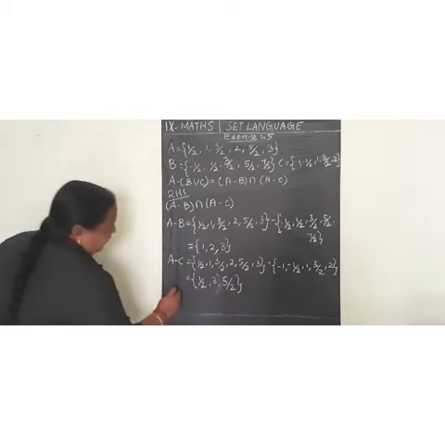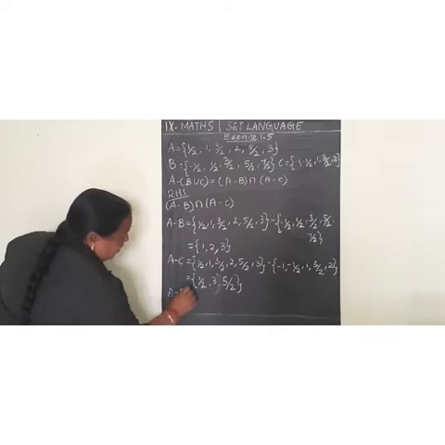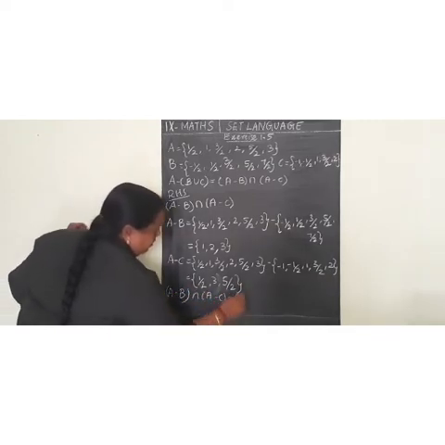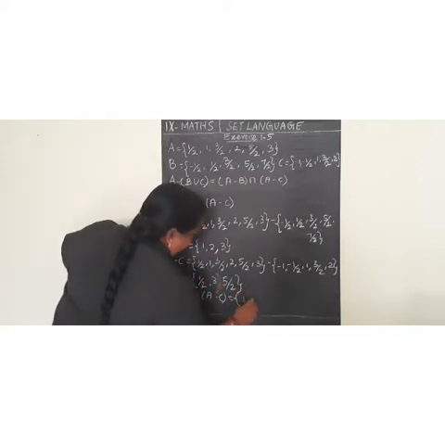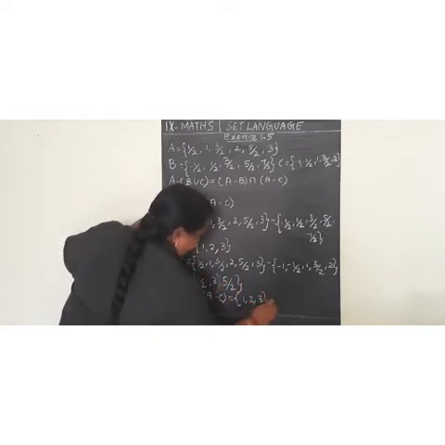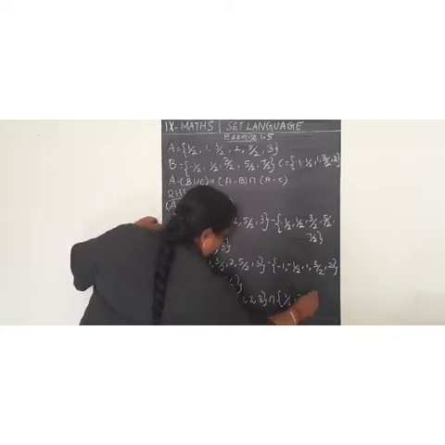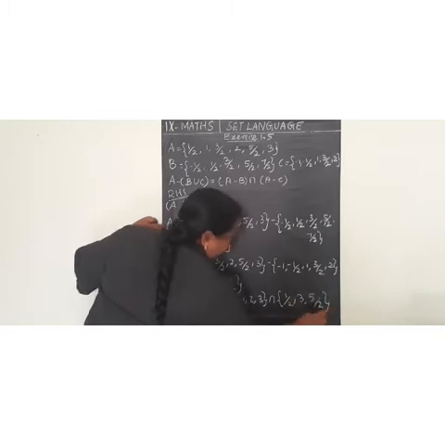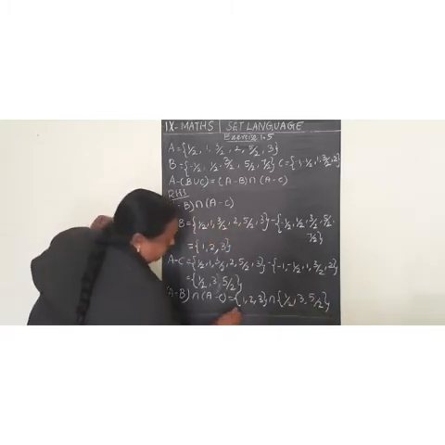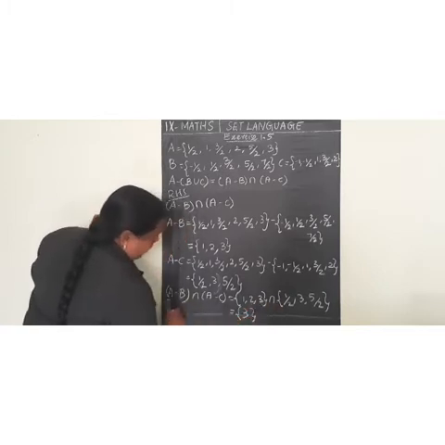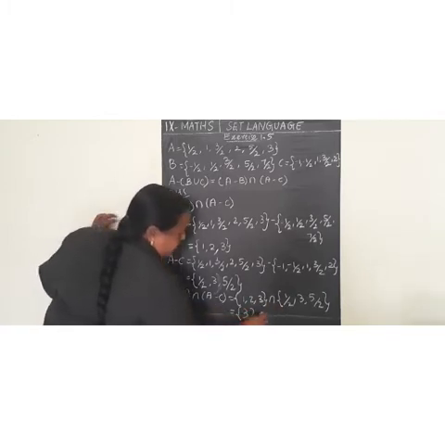Next we have to find (A minus B) intersection (A minus C). A minus B is {1, 2, 3}, intersection A minus C, which is {1/2, 3, 5/2}. Intersection means we have to write the common elements. The common element in both the sets is 3. So (A minus B) intersection (A minus C) is {3}.